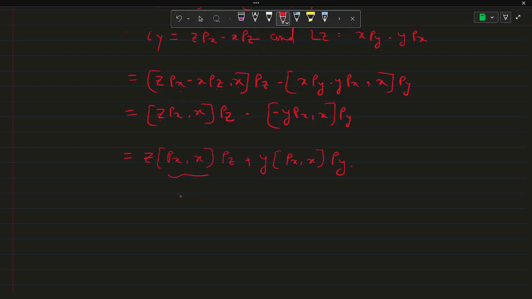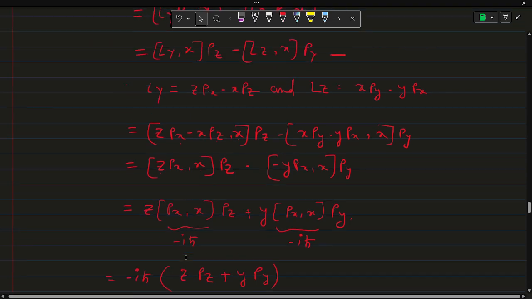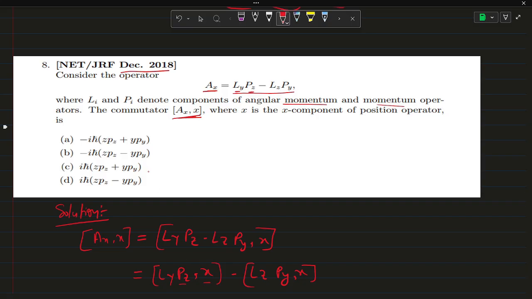And we know Px x is minus i h cut. So taking minus i h cut outside, we are left with z Pz plus y Py. So just look at the solution: minus i h cut, z Pz plus y Py. So the solution is A.